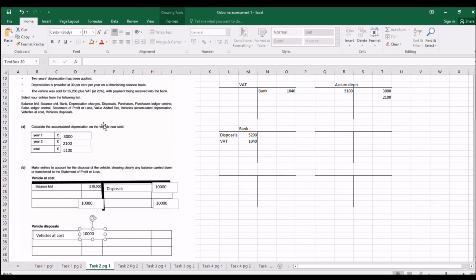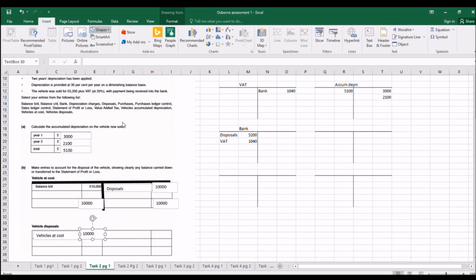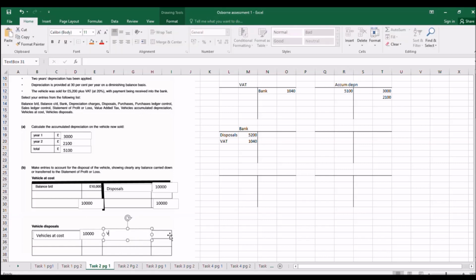Now we've also got the accumulative depreciation. So let's see what we've got available to ourselves over here. Vehicles accumulative depreciation. There we go. That'll be the accumulative depreciation, and that would be that 5,100 there.